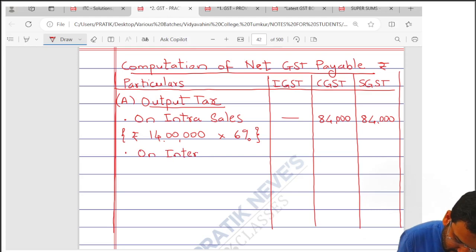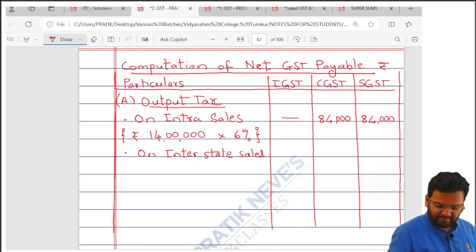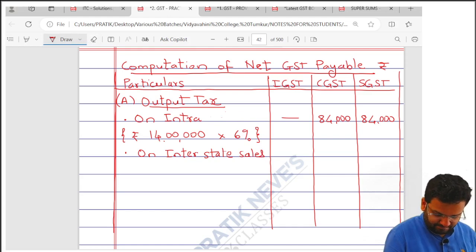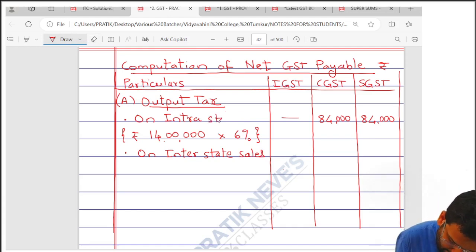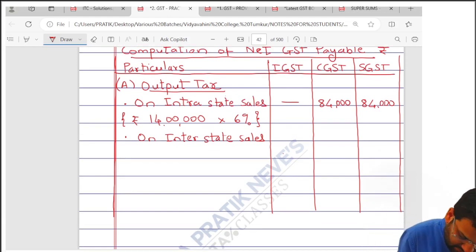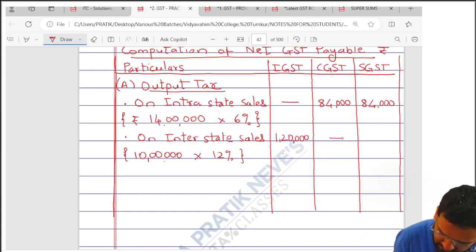Then comes interstate sales. What is it on interstate sales? 10 lakh into 12%, 1 lakh 20,000.